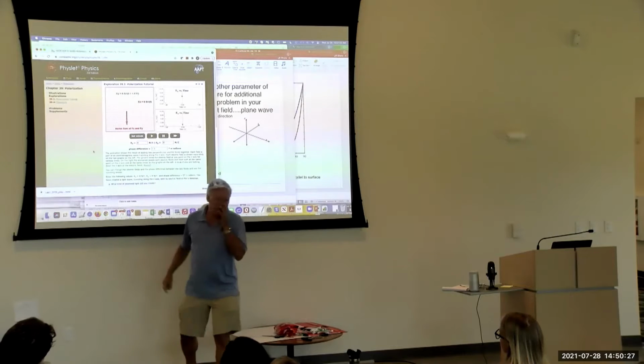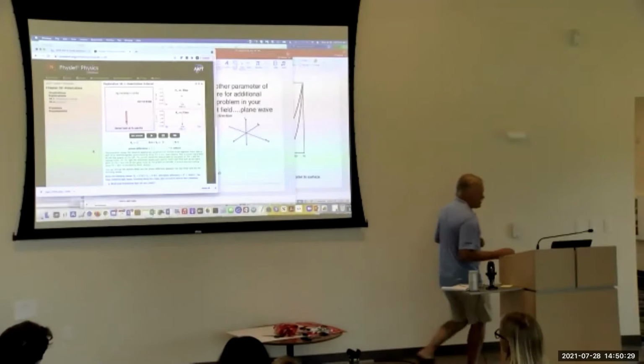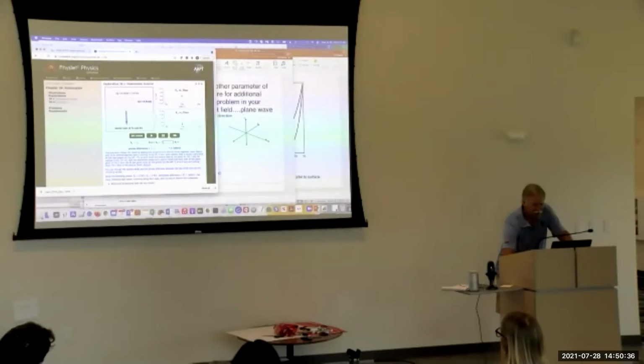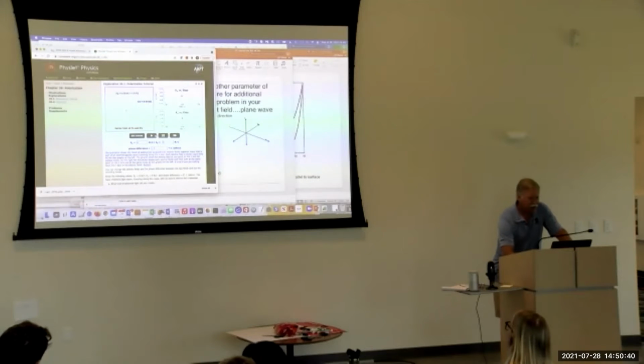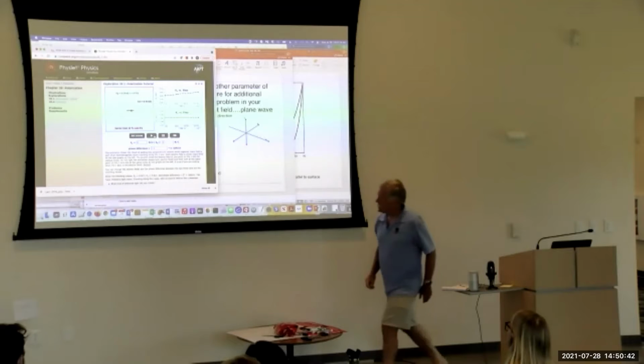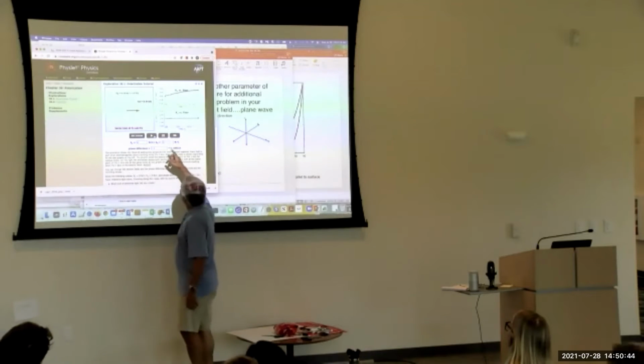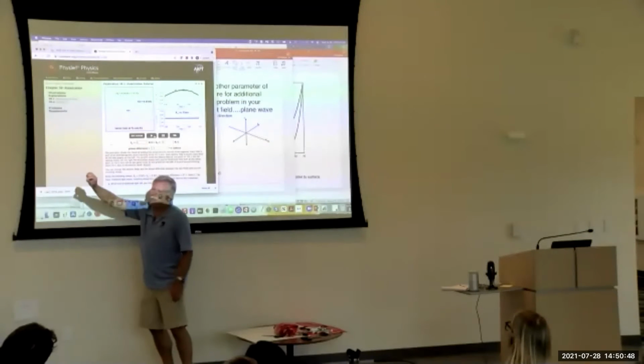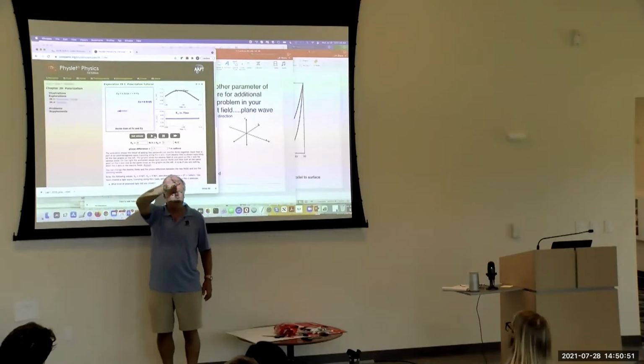If I set Ex, the electric field in the x direction, to 8, and put an electric field of 0 in the y direction, and watch what happens as the electric field goes by, basically it's just oscillating in one direction back and forth like this.